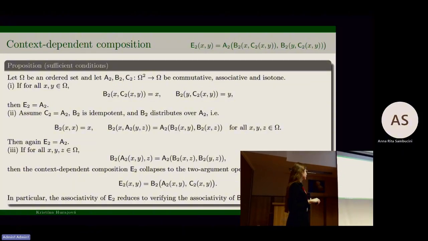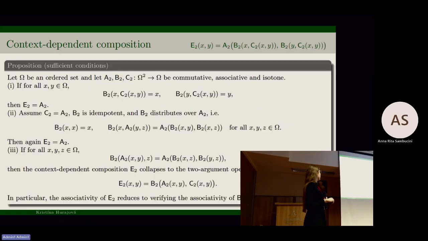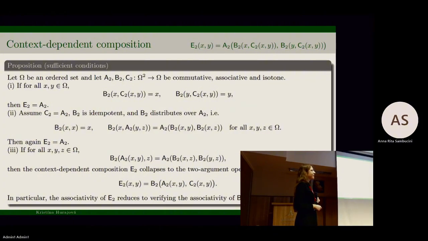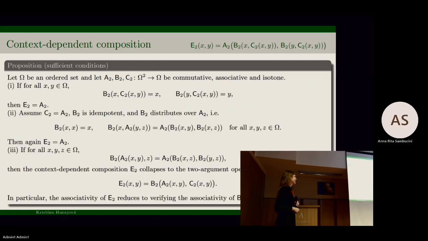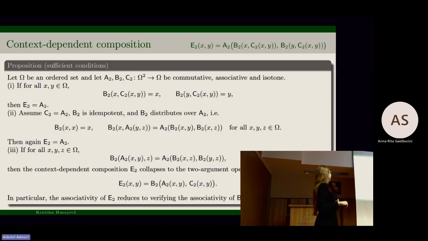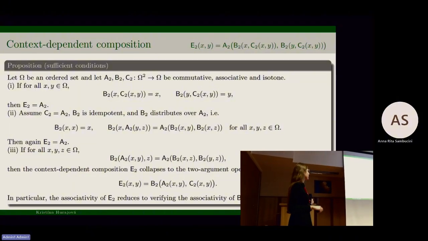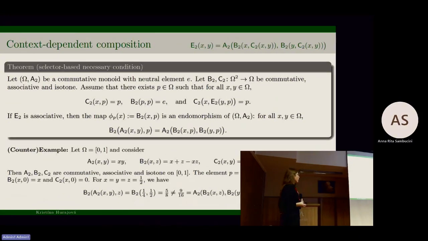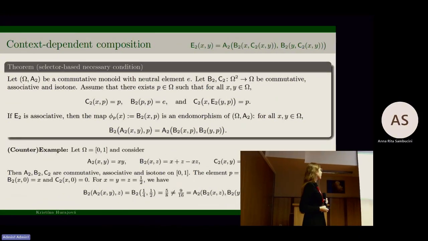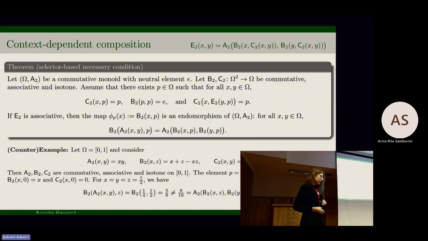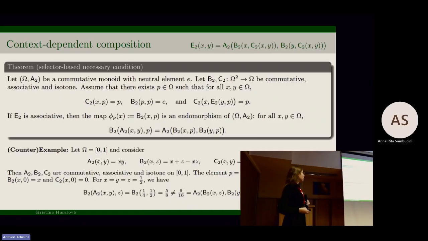In the first two cases, interaction has no effect, and in the third case, it is reduced to a simpler binary operator. Context-dependent composition seems to be very restrictive.